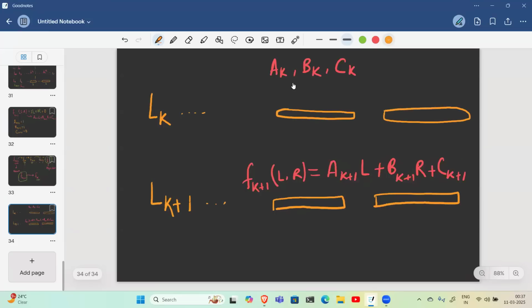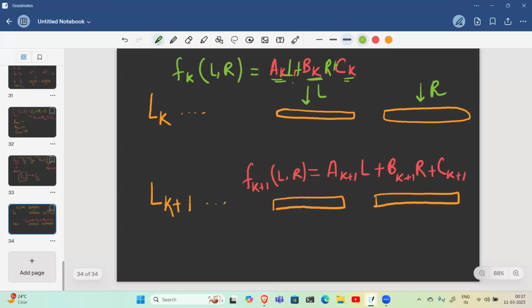L people enter lane 1, R people enter lane 2. I need to find the value of f k of L comma R. I know f k of L comma R would be something of this form, a k L plus b k R plus c k. So what remains to find is the values a k, b k, and c k. Okay, great.